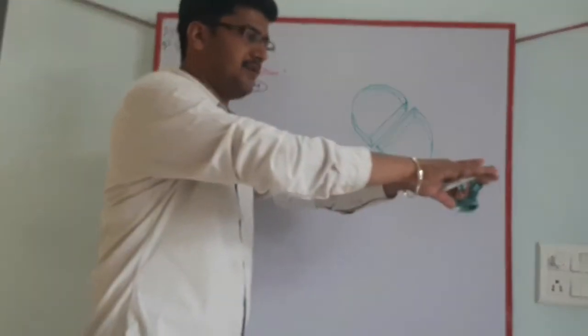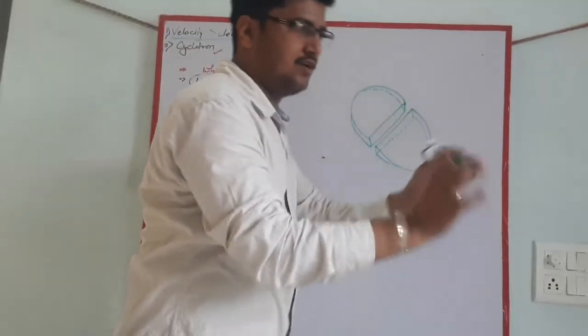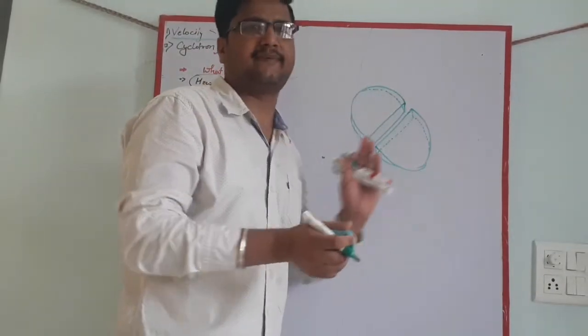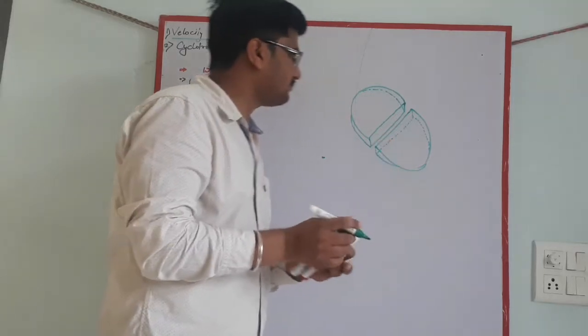Like we are keeping the disc like this. Take a cylinder and cut vertically. What we got? We got C-shaped cylinders, hollow cylinders, hollow from inside.